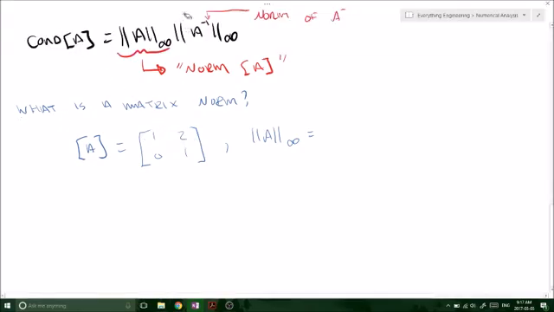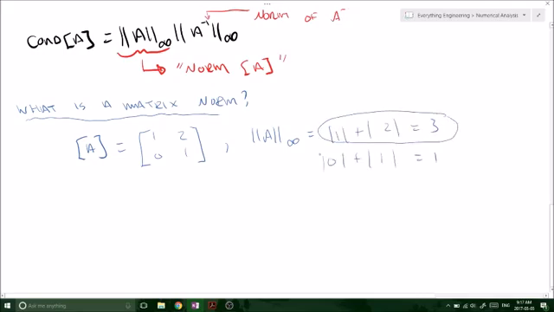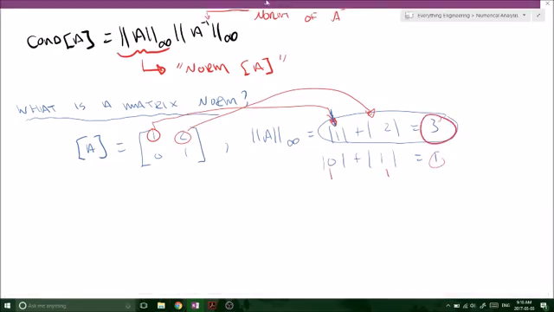We have to look at both of our rows, add the absolute values, and the larger one is going to be the norm. So we add 1 to 2, that got us 3. Then we add 0 to 1, and that got us 1. So the row norm, we could say, is 3 for this matrix.